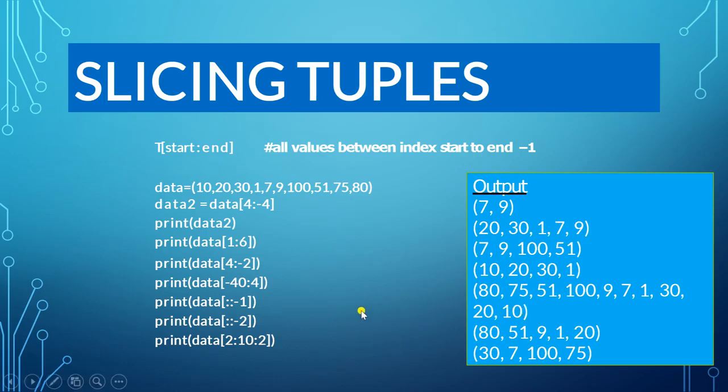Then minus 2, so it will give the result from the last, means in the backward direction, with a step value of minus 2. Okay.